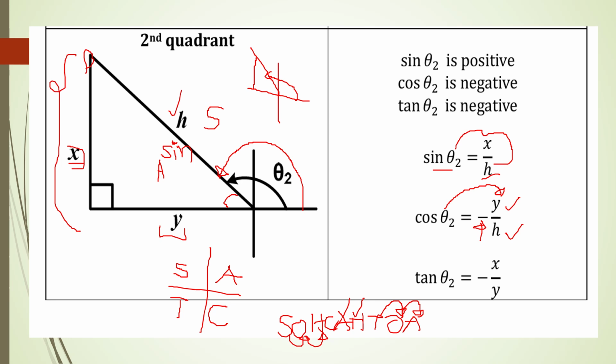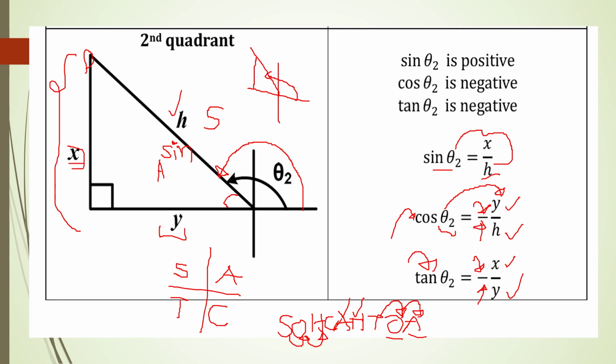So tan theta is opposite divided by adjacent, which is x divided by y, but you place the negative on it because in the second quadrant, tan together with cos, both of them are negative. That's why after writing the ratios, we give them a negative sign, indicating that these two trig functions are negative in the region of angle theta 2.